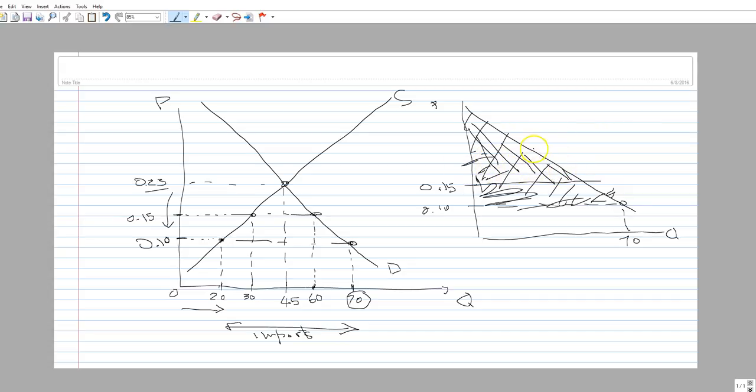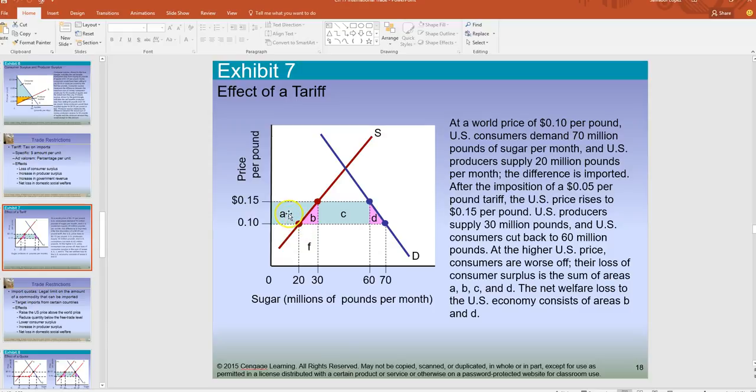So that will be the new consumer surplus. Consumers lose all this area of consumer surplus due to the tax, due to the increasing price. That area is areas A, B, C, and D.